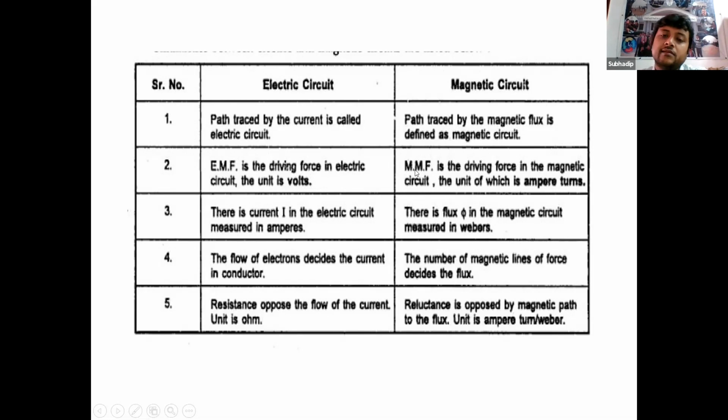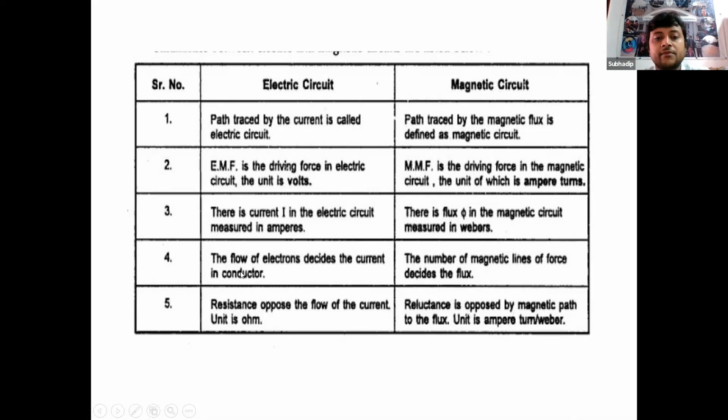For the magnetic circuit, the magnetomotive force is the driving force, the unit of which is ampere turns. Serial number three, there is a current I in the electric circuit measured in amperes. Similarly, there is a flux phi in the magnetic circuit measured in Webers.